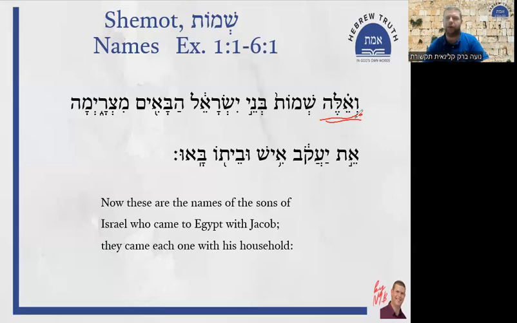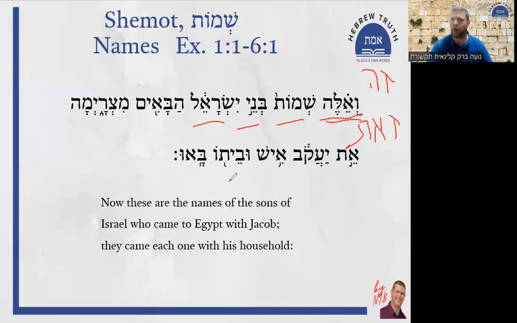In this case, pointing to the names of the children of Israel that went to Egypt with Jacob. So ele, the masculine singular would be ze, and the feminine singular would be zot.